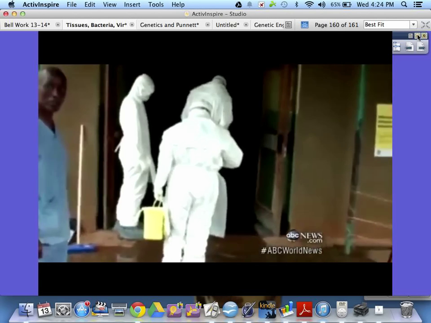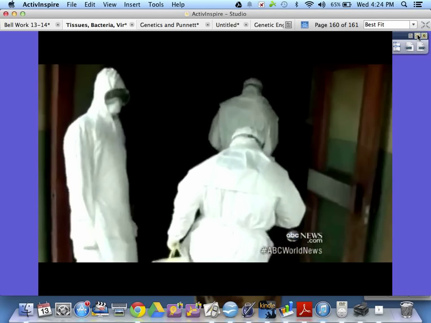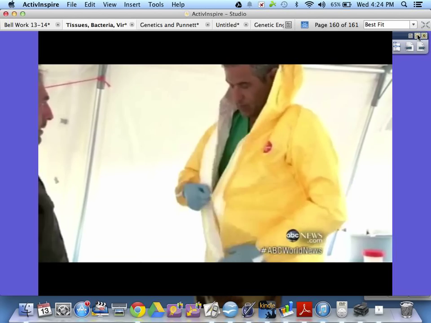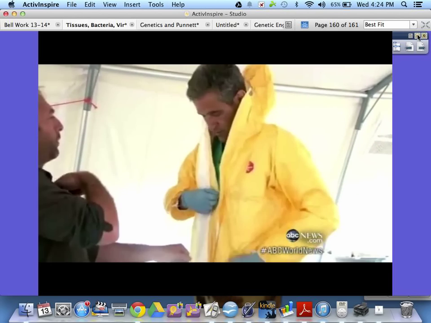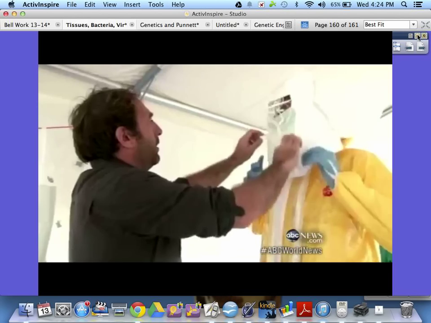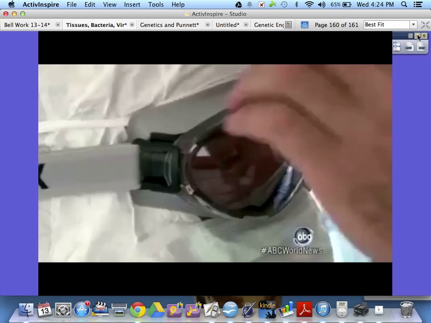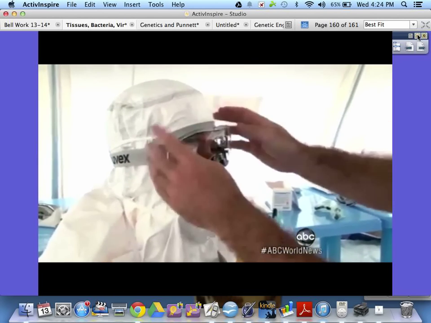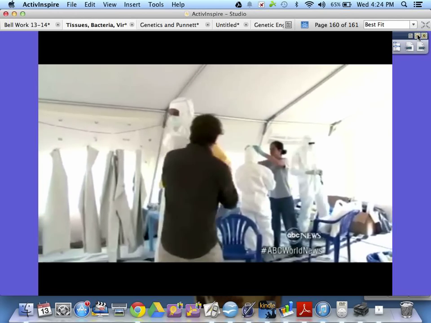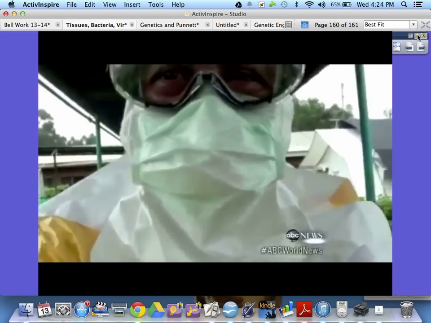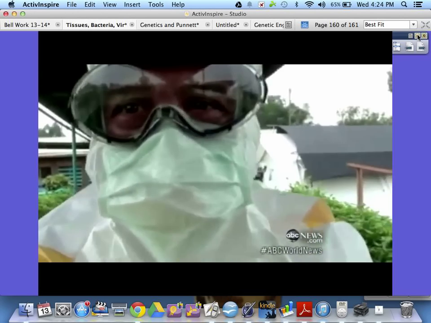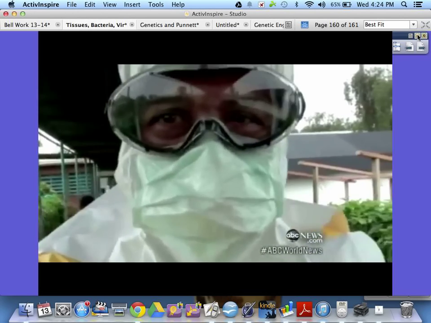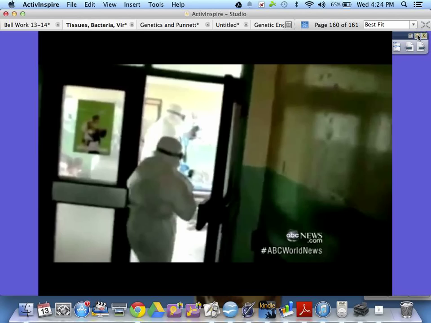We make our way to the hospital, where Ebola patients are being treated. We are suited up in even more protective gear. Every part of my body is covered, even a ski mask over my eyes. There's not one speck of my body that is exposed. One careless mistake can be deadly. I have to say that there are a few things that I've done in medicine that are as nerve-wracking as going into this place.